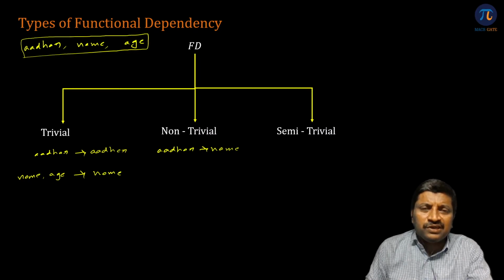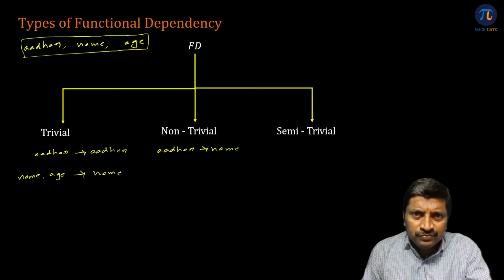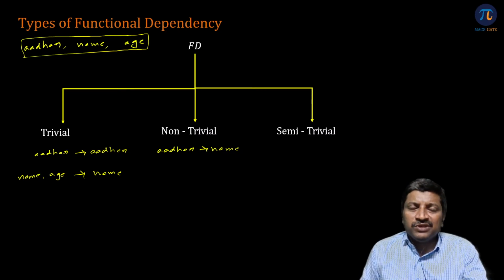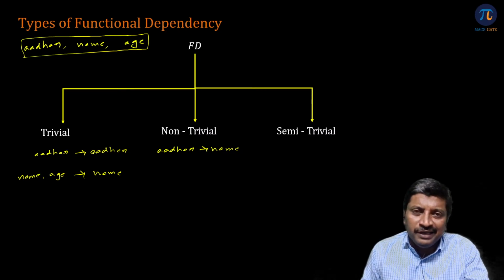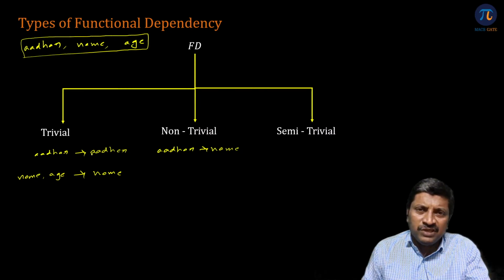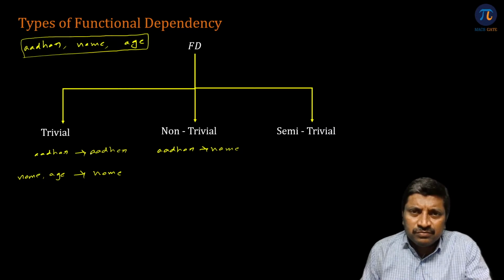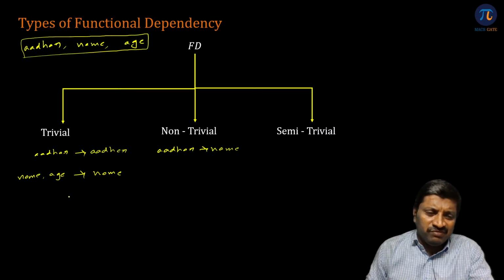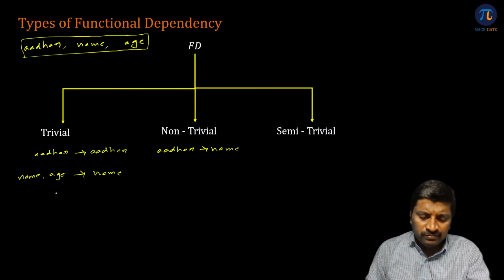Of course, we can write it. This is trivial. Something like I gave four of my details to you: my phone number, my mail ID, my name, my age. Then you are announcing my name, and people don't get surprised because you already know four of my details. That is an example of a trivial dependency.